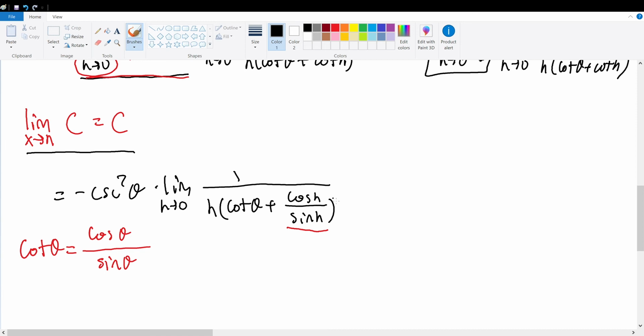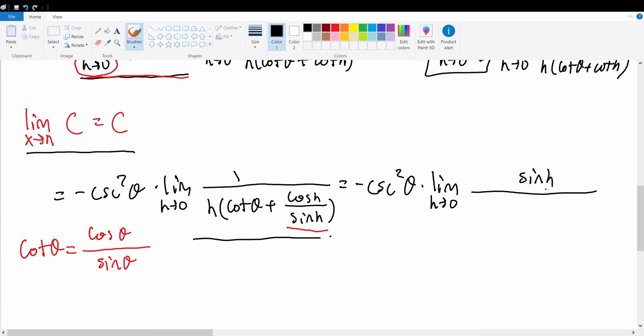So what I can do now is further simplify this entire ratio by simplifying the denominator and combining the two terms of cotangent theta and cosine h over sine h. So this becomes negative cosecant squared of theta times the limit when h goes to 0 of sine of h in the numerator, and in the denominator, h times parentheses cosine of theta times sine of h plus cosine of h.